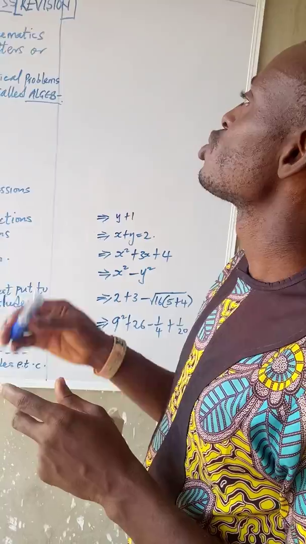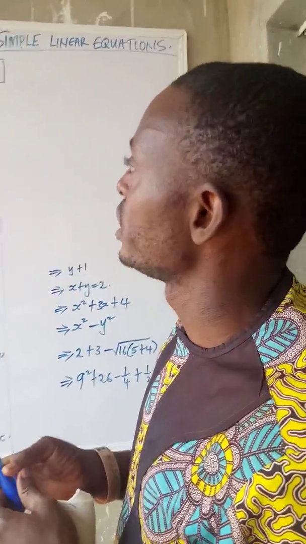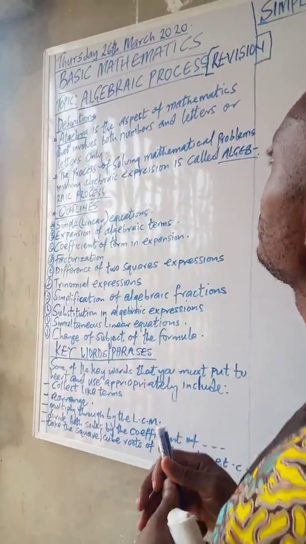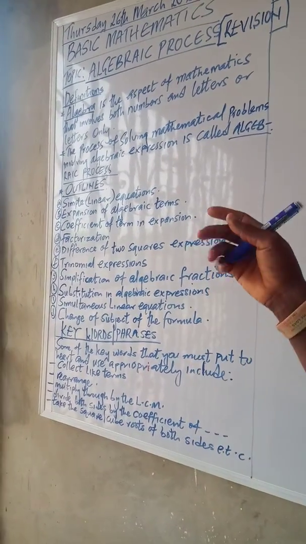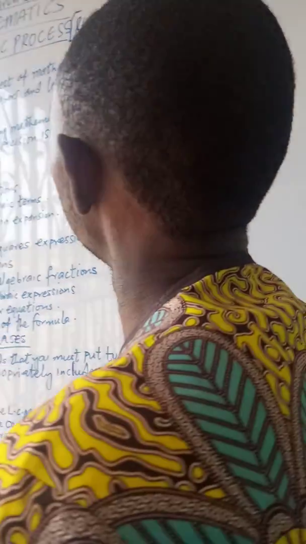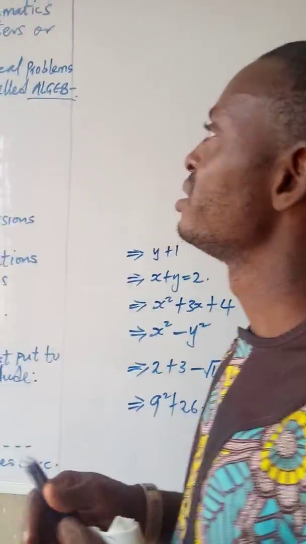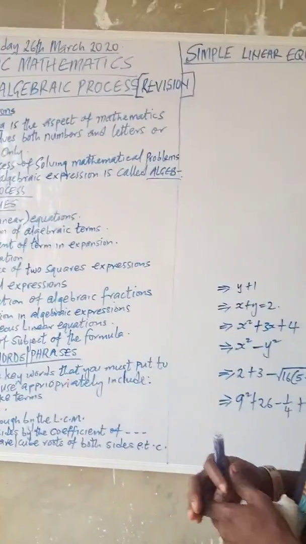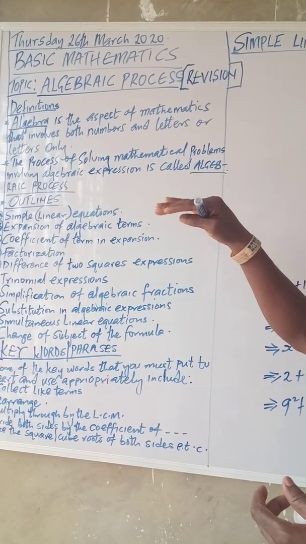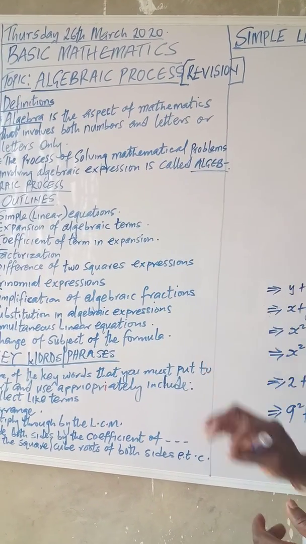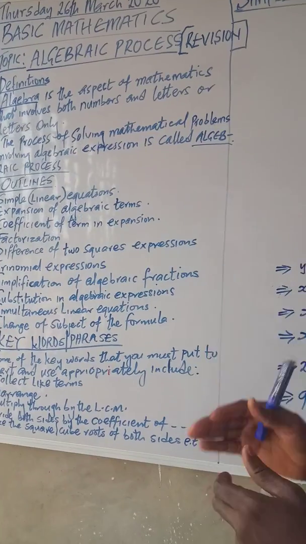Now to our topic for today. The topic says algebraic process, or simply put, algebra. And by algebra, what do we mean? Definitions. Algebra is the aspect of mathematics that involves both numbers and letters, or letters only.